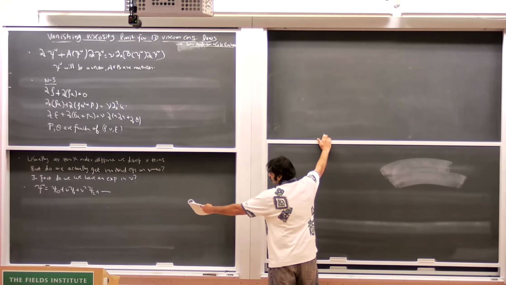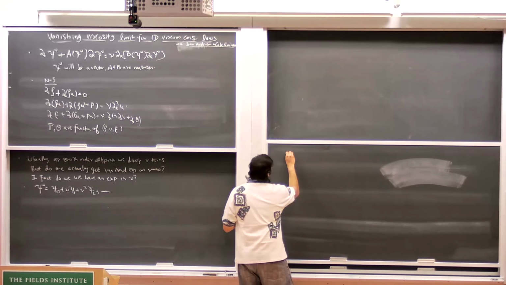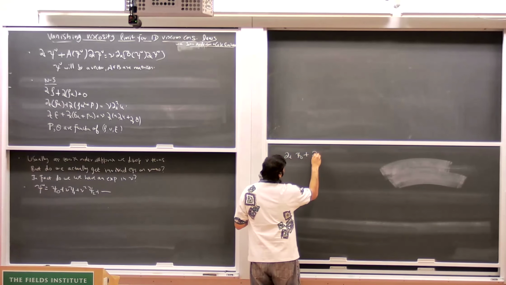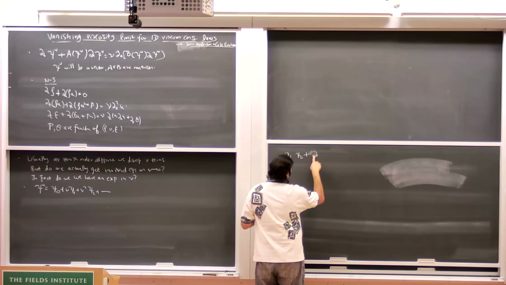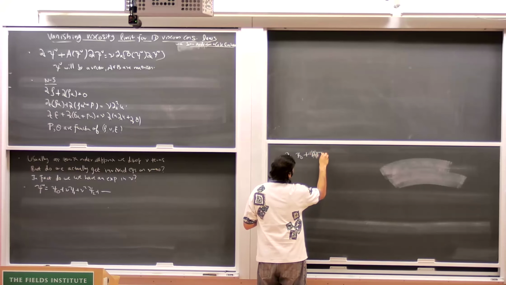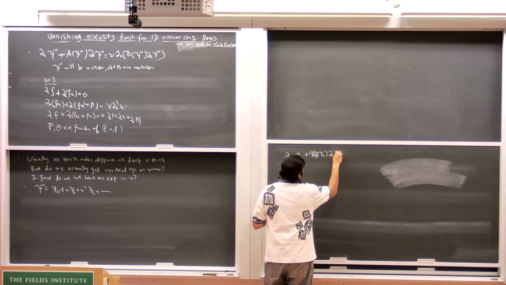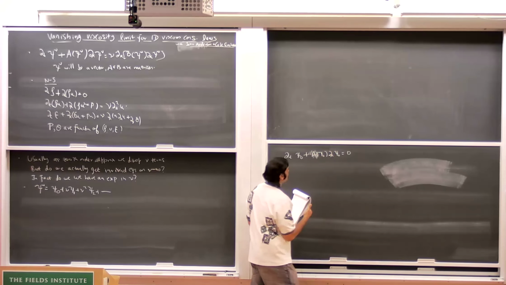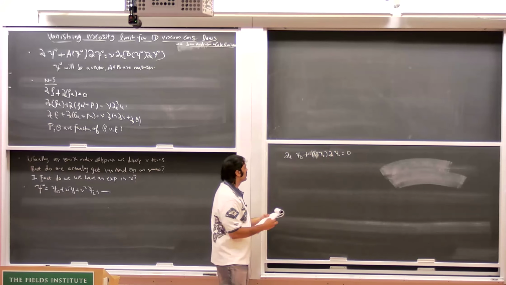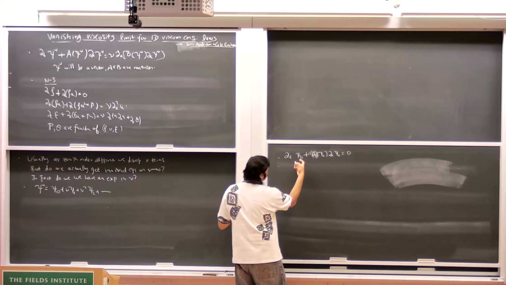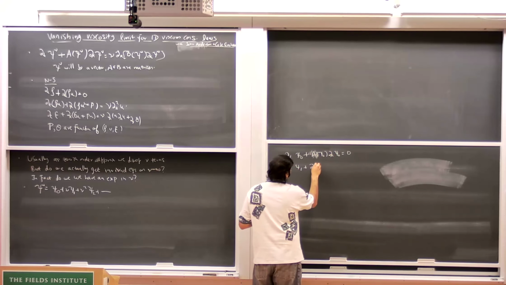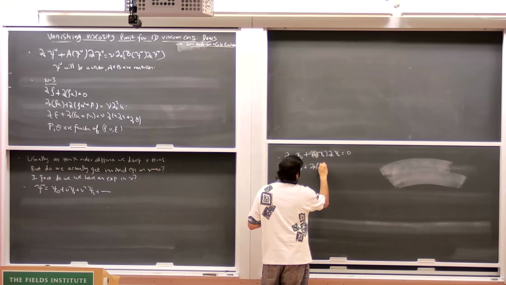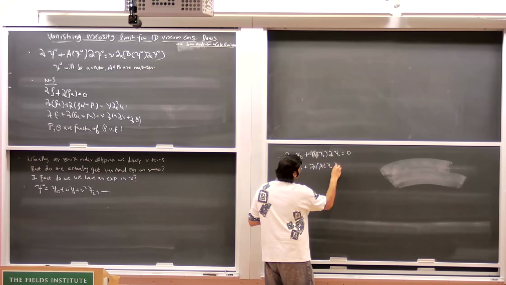If you plug this ansatz into the equation, the equations that you get are of this form. So this is good. This is the inviscid equation. And then what do the correctors solve? The correctors solve linear equations of this form.